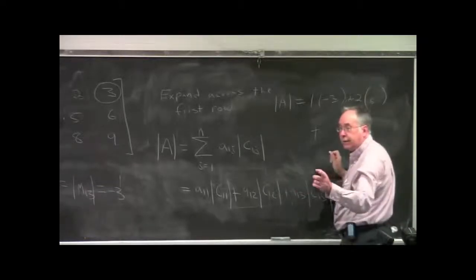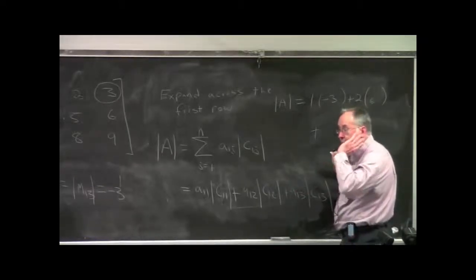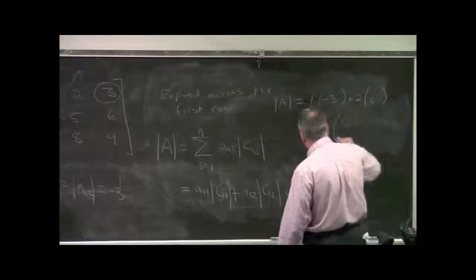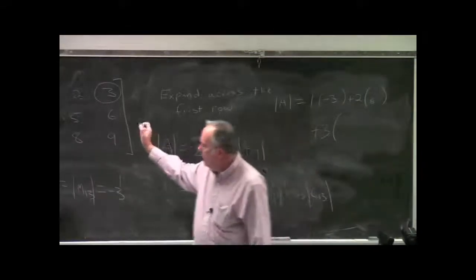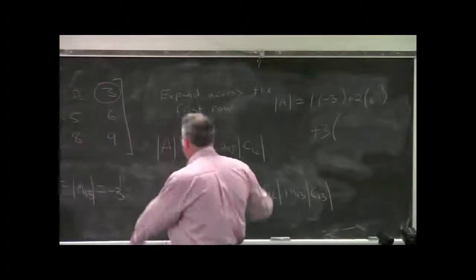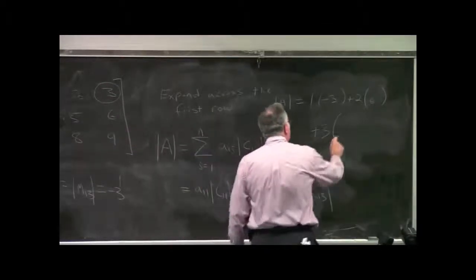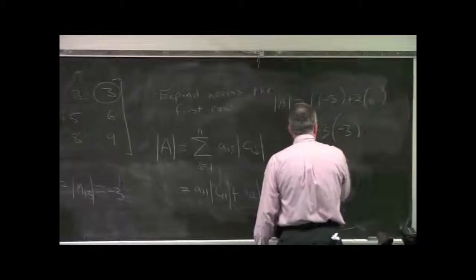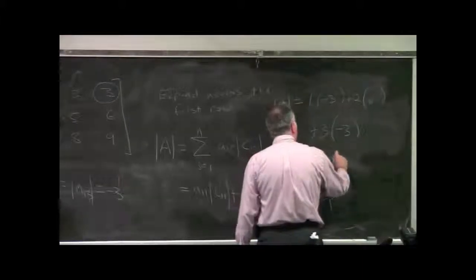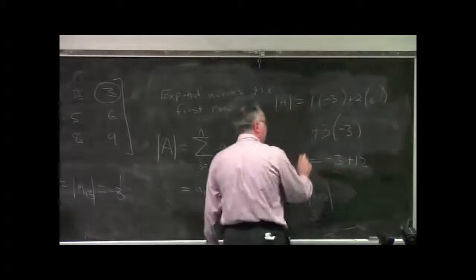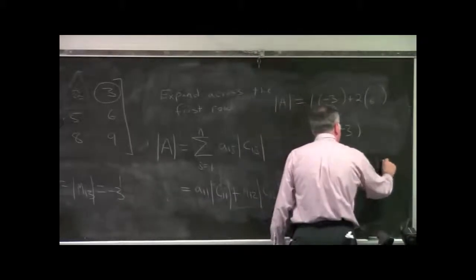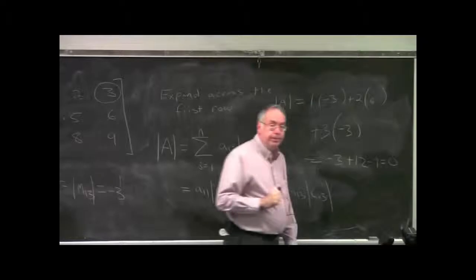A13 is what? Anybody? 3. Times C13, and C13 we calculated over there is, so right there, negative 3. So what do we get? Minus 3 plus 12 minus 9 equals 0.